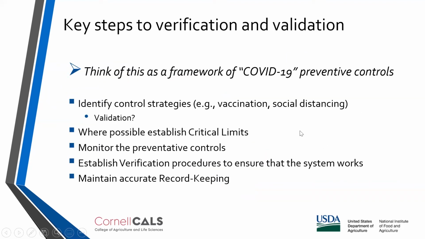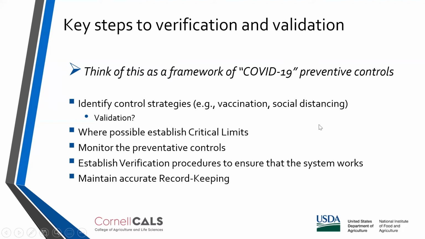Here is what I see as the key steps to verification and validation. One way to think of this is a framework for COVID-19 preventive controls, for those of you that are familiar with the FDA preventive controls approach. First, you need to identify the control strategies that you will implement.